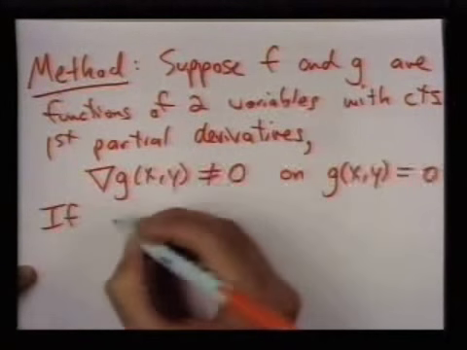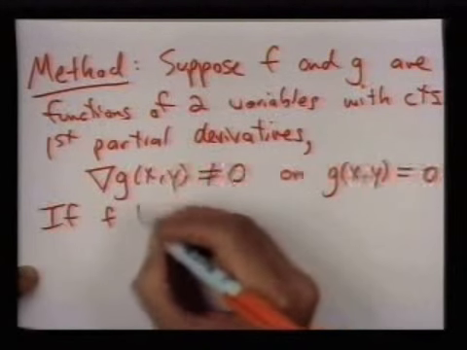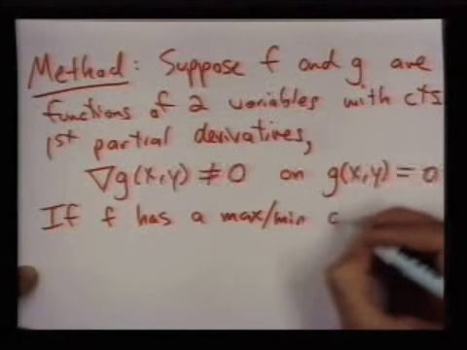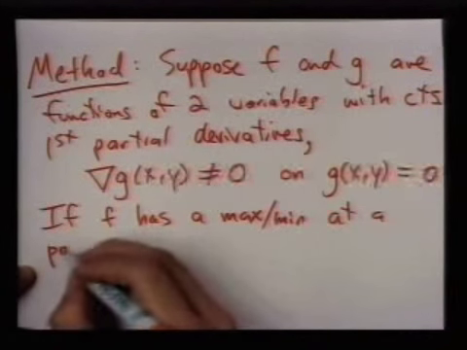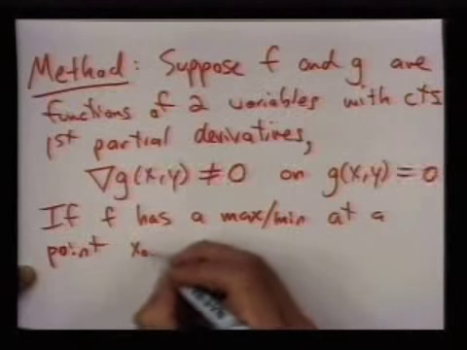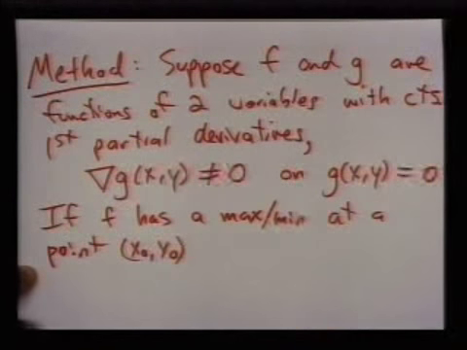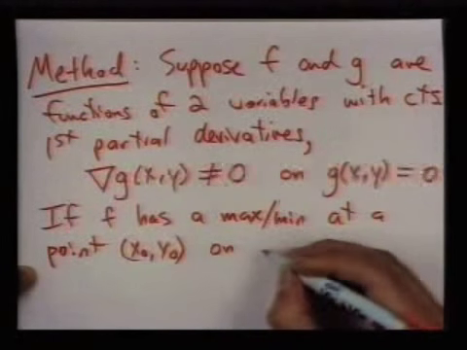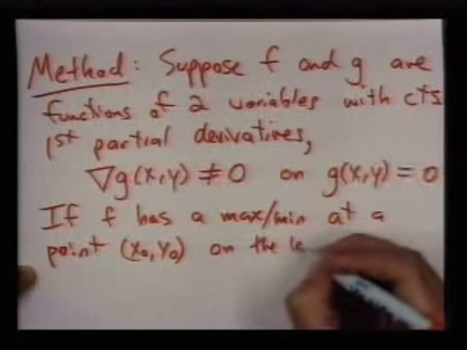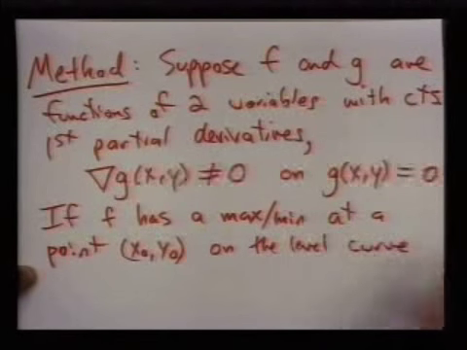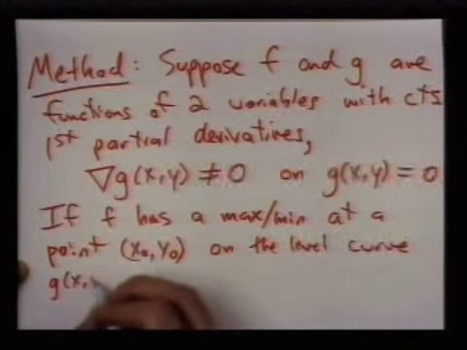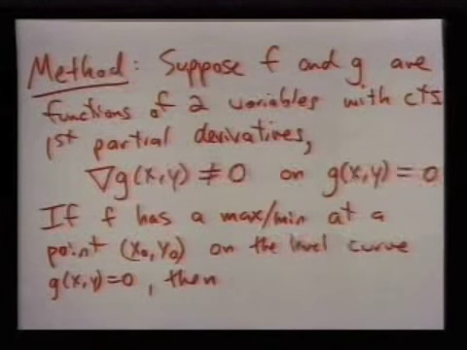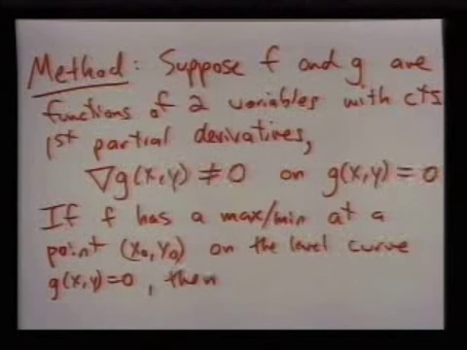And we say if f has a max or min at a point x naught, y naught on the level curve, then the gradient of f and the gradient of g have to point in the same direction.